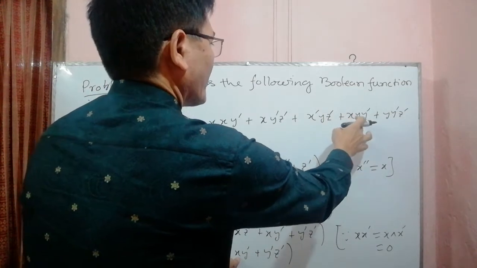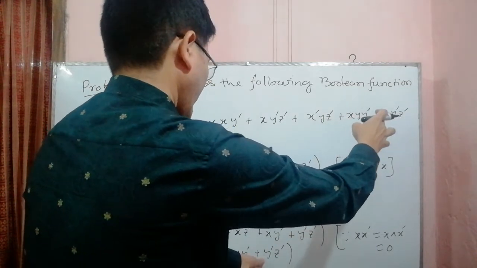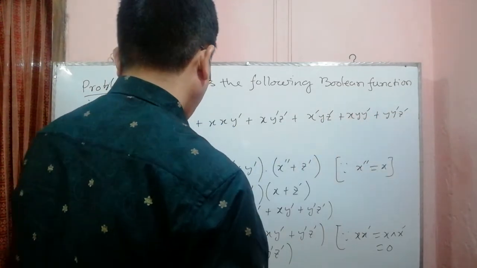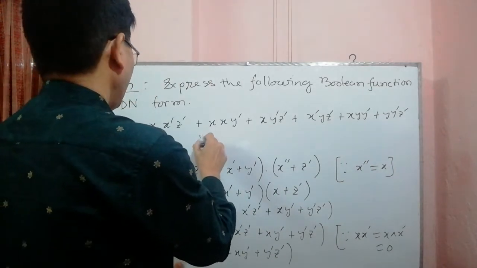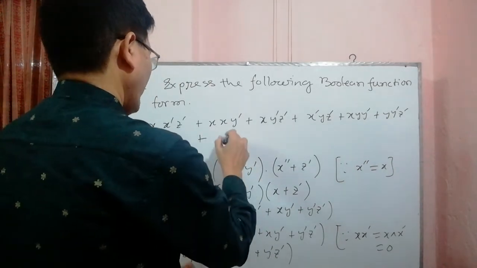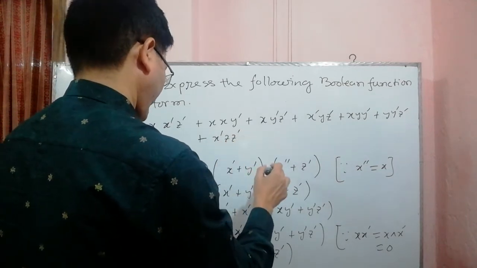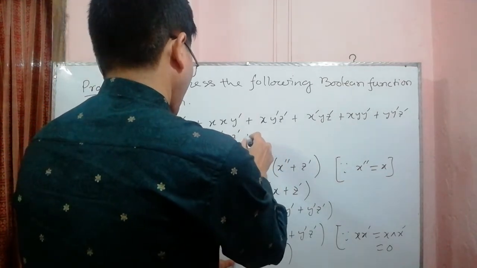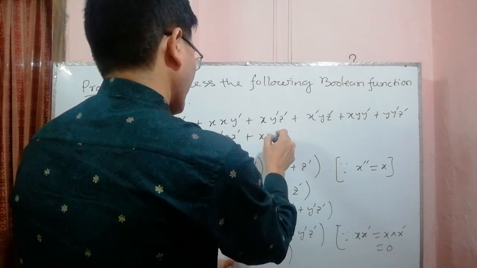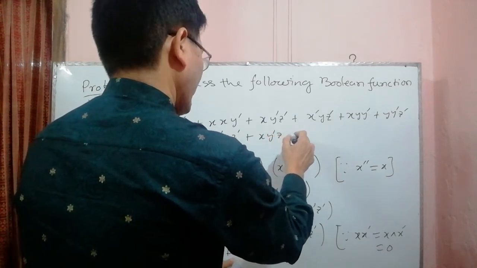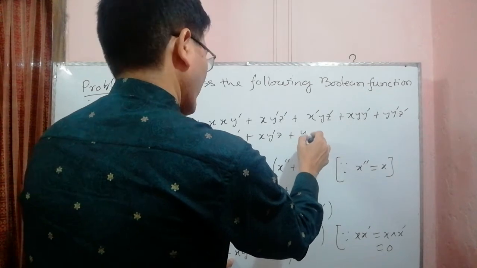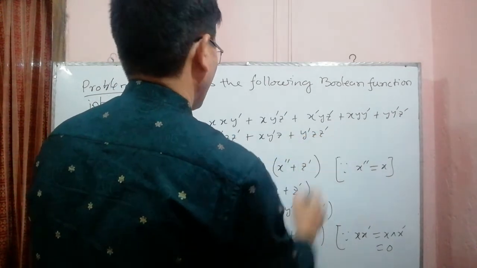Again x, y prime; y prime, z prime. And now with z: x prime, z prime, plus x, y prime, z, plus y prime, z prime.